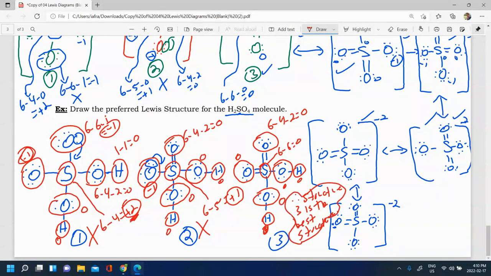Oftentimes, not always, in situations where you have an expanded octet in the middle, it's actually better to have most of your oxygens with double bonds on them, because that actually reduces our formal charge as much as possible. It makes it less negative since you're putting those electrons that were lone pairs into bonds rather than solely on the oxygen.